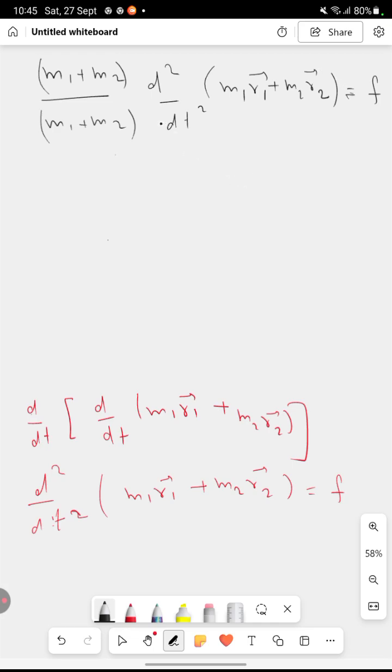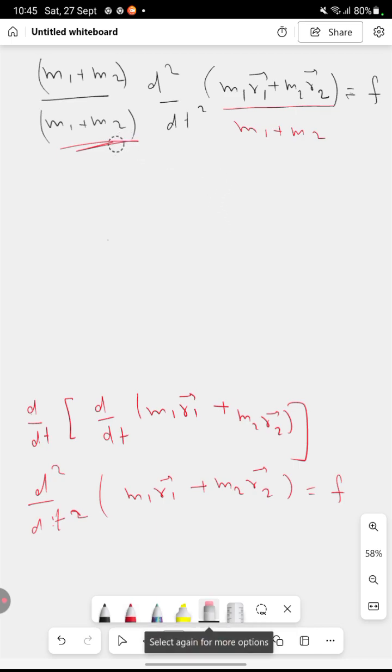We have multiplied and divided this equation by m1 plus m2.